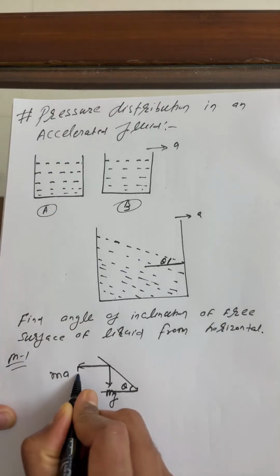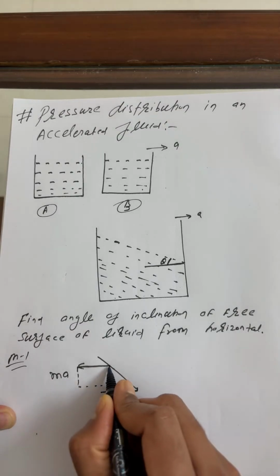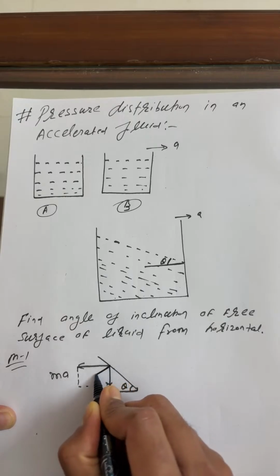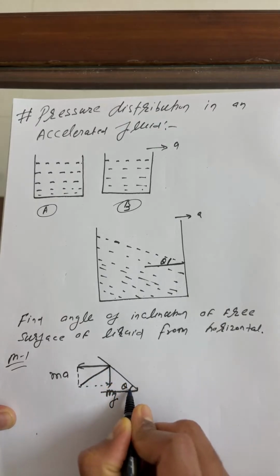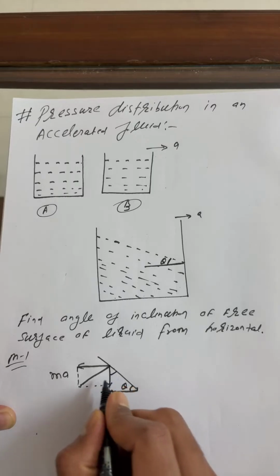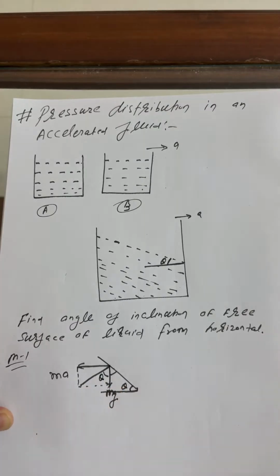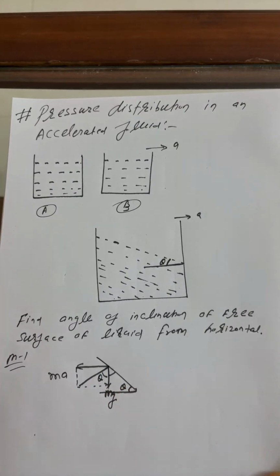So this is ma. You can find theta from here: this is theta, this is 90, this is 90 minus theta, so this angle remains theta.